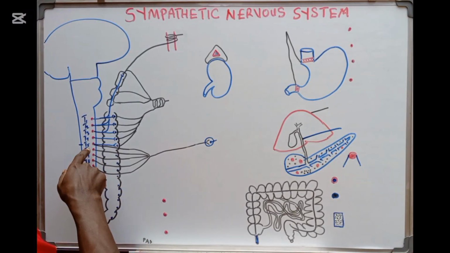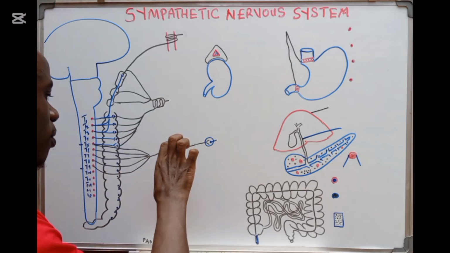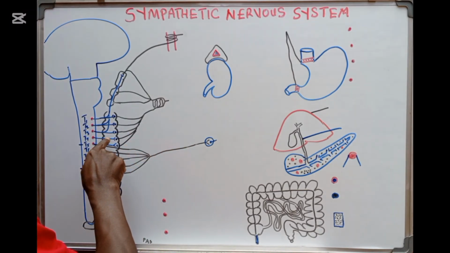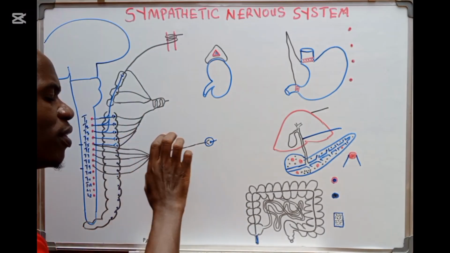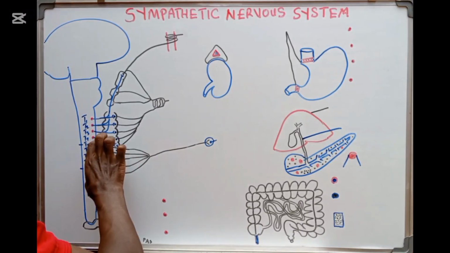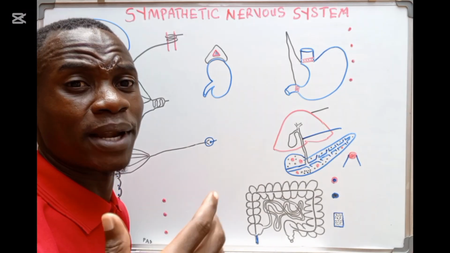Now we are going to have the preganglionic motor fibers coming from T5, T6, T7, T8, and T9. They come out from the thoracolumbar region. They don't synapse in the chain ganglia; they pass through without synapsing. And whenever these nerves come out without synapsing, how do we call that? It becomes a splanchnic nerve.